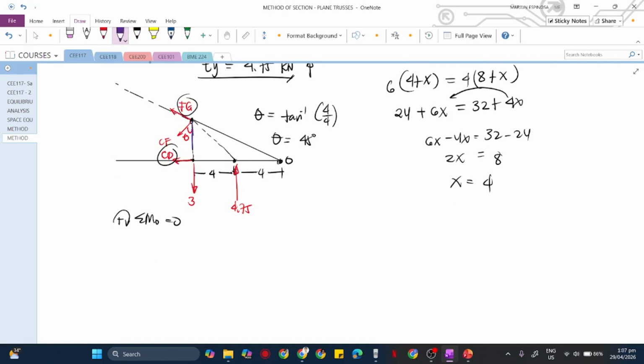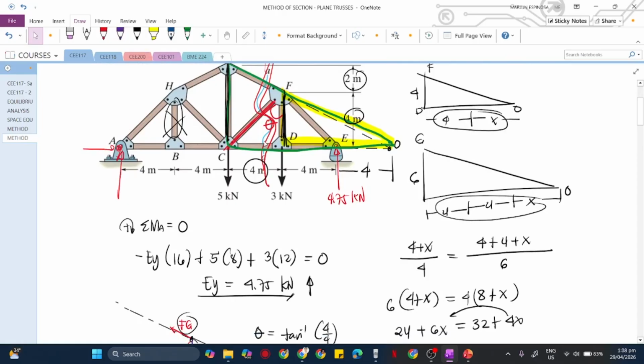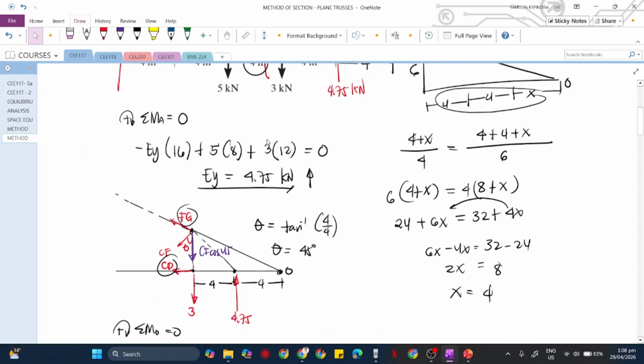So basically, we resolve the components. We have here this component, CF cosine 45. And also FC sine 45, and this component going here, which is also 45.